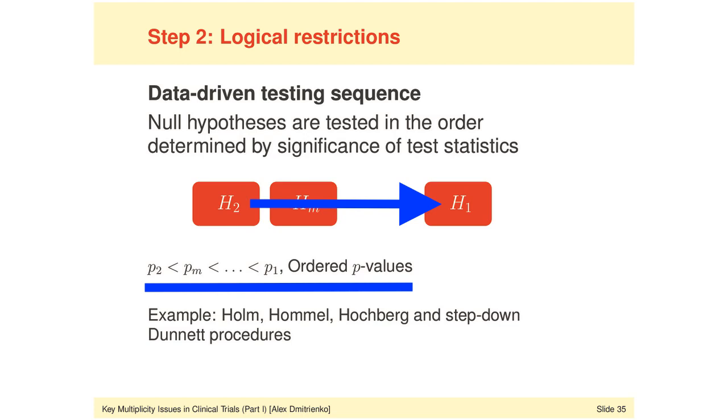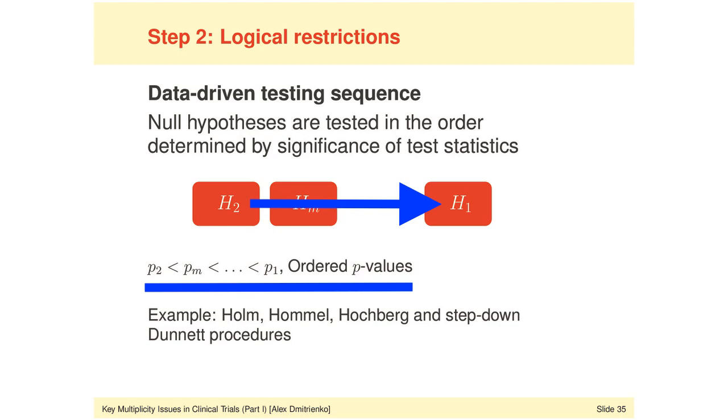The null hypotheses are tested in the order determined by the significance of the hypothesis test statistics. For example, it may turn out that the data-driven sequence begins with H2, followed by Hm, which is the last hypothesis, and H1 may end up being at the very end of the sequence.